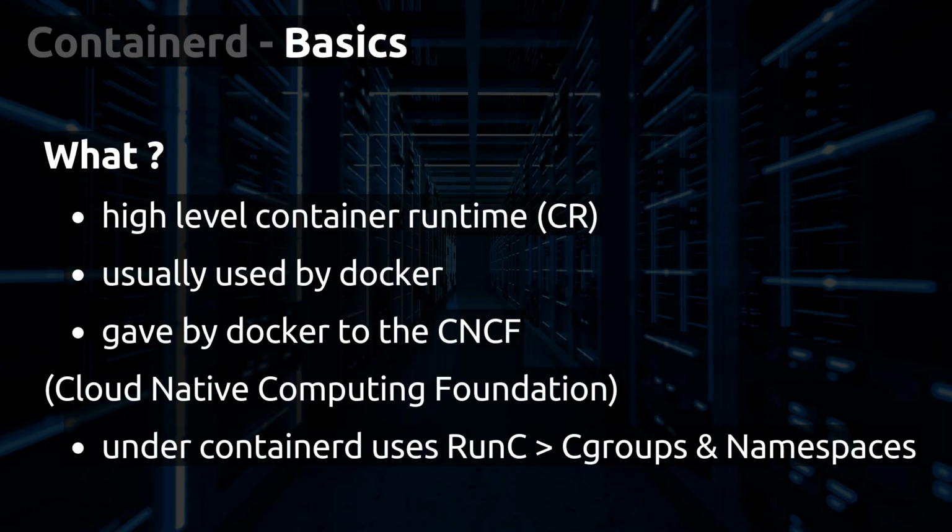On top of it, Containerd is here to, and we will see that, pull images, create a container, and so on, but without some features, like, for example, and it's really important in the Kubernetes context, without the network part.